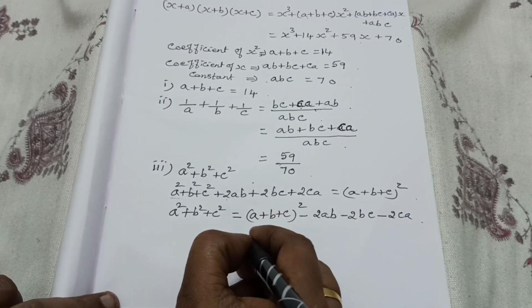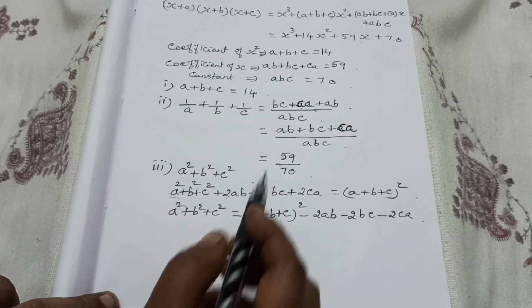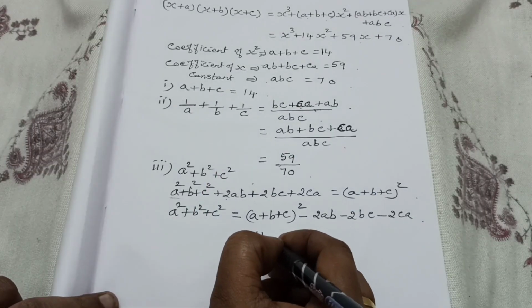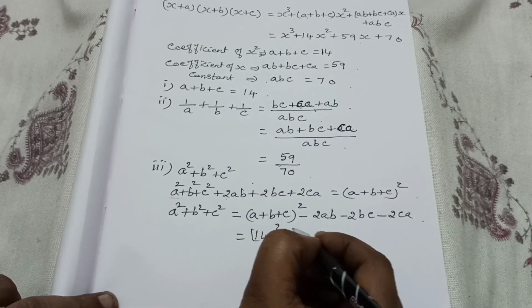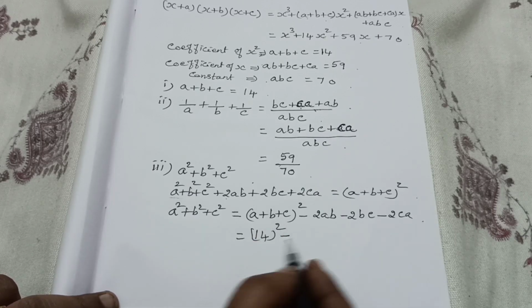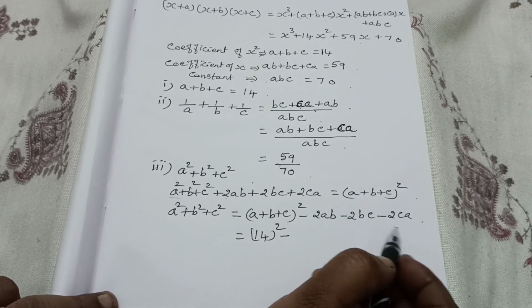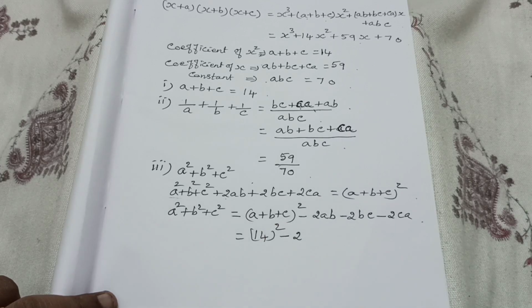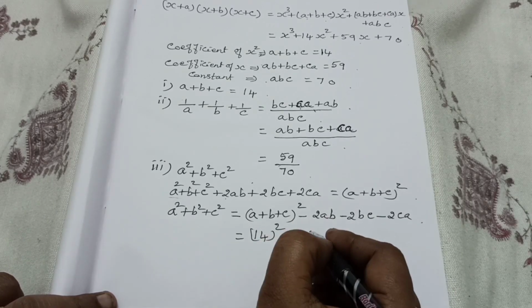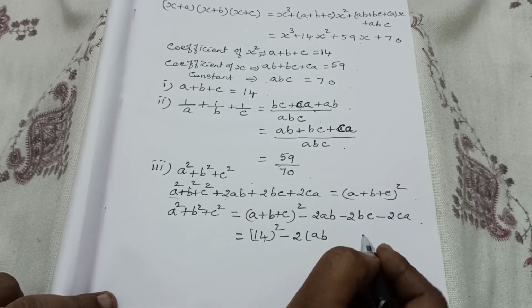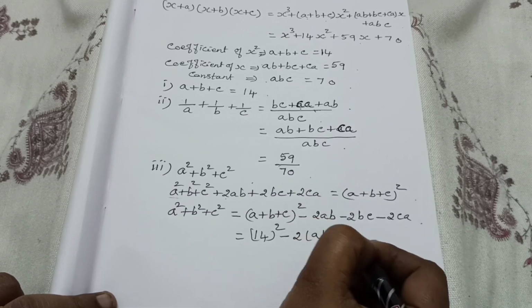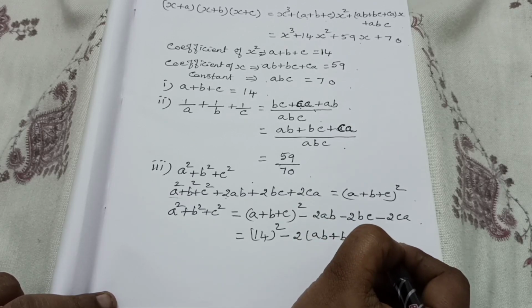Okay, and equal to a plus b plus c, what's the value? 14, isn't it? 14 the whole square minus, 2 also common, you can take outside. Remaining you say ab plus bc plus ca.